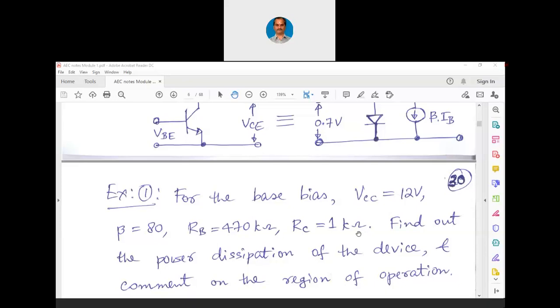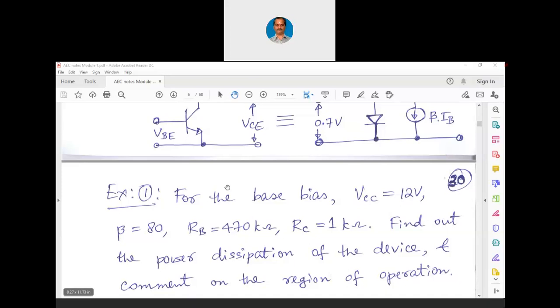Just visualize the circuitry and note down these values. VCC 12 volts, beta equals 80, RB equals 470 kilo ohms, RC equals 1 kilo ohm. Note down these values. I will give you some 2 to 3 minutes time. Those who work out, put the answer in the chat box. Later on, I will confirm whether the answer is correct or wrong.